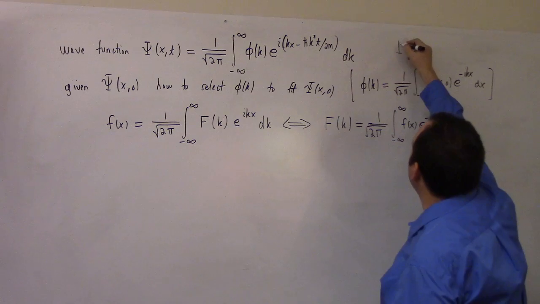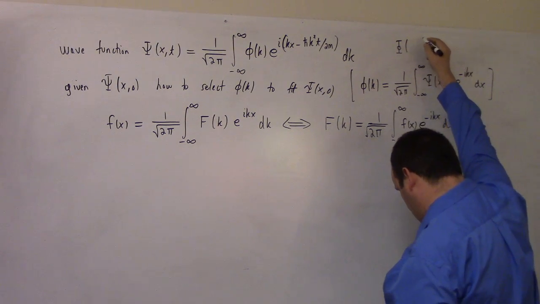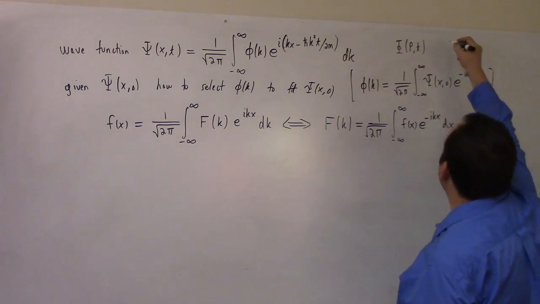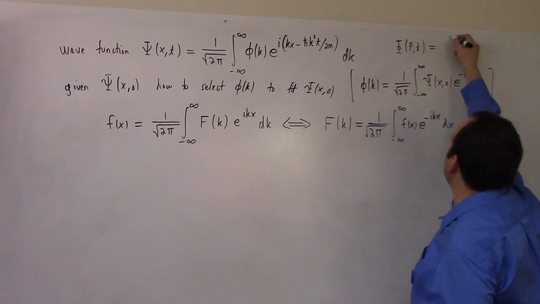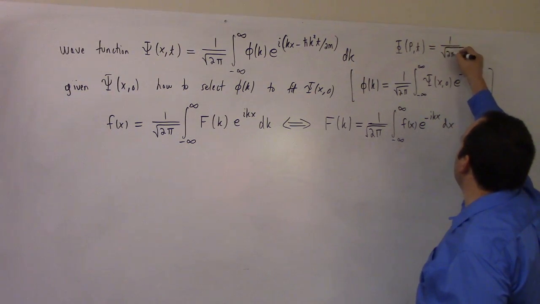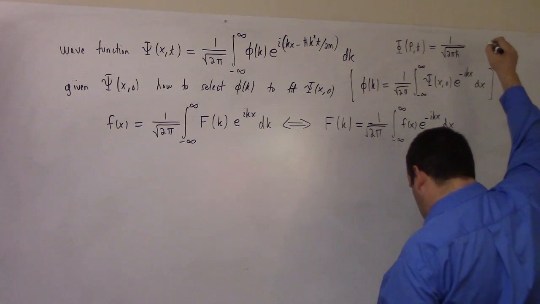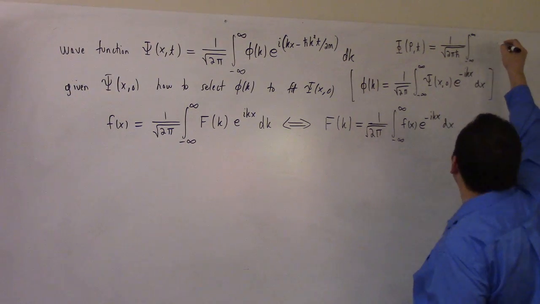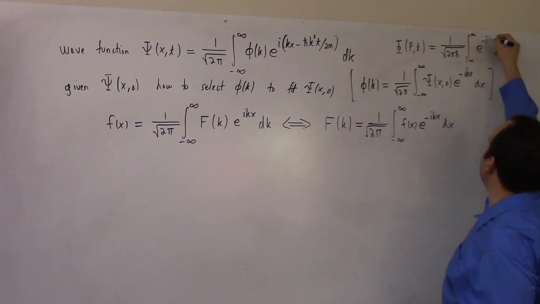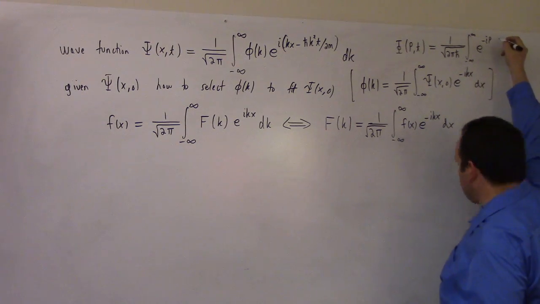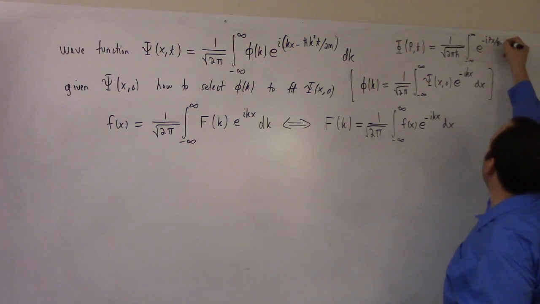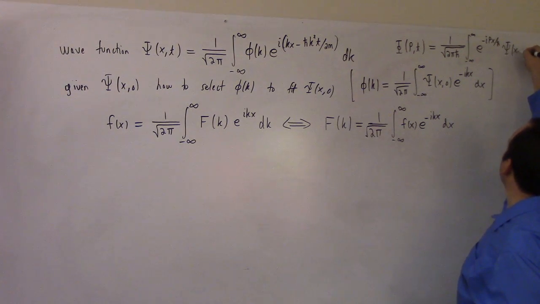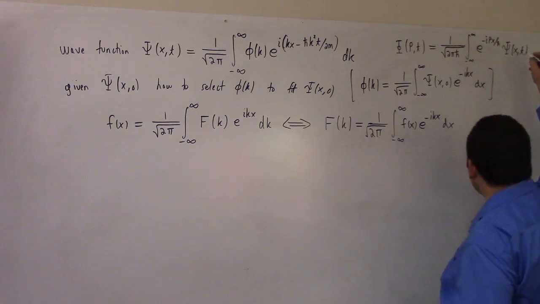If you write the wave function in terms of momentum in time, as opposed to position in time, this is equal to 1 over the square root of 2 pi h bar, times the integral from minus infinity to infinity of e to the minus i p x divided by h bar, times psi of x, t, dx.